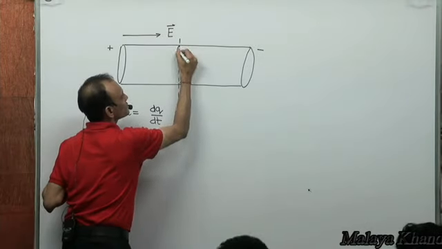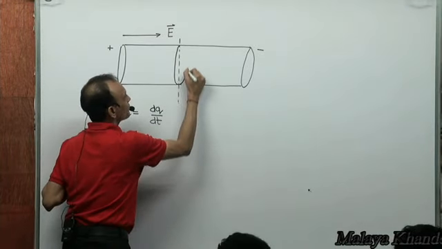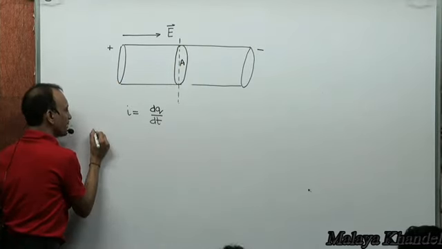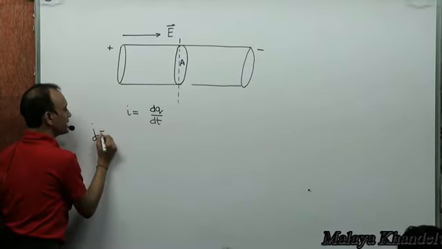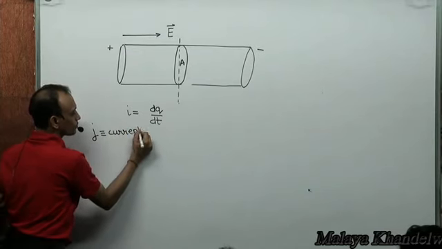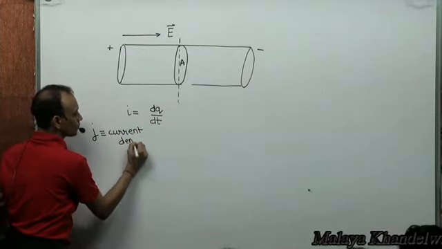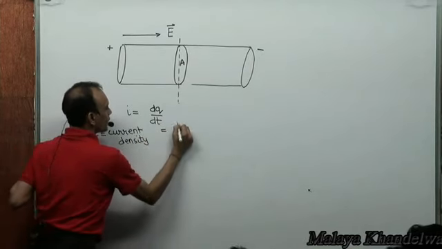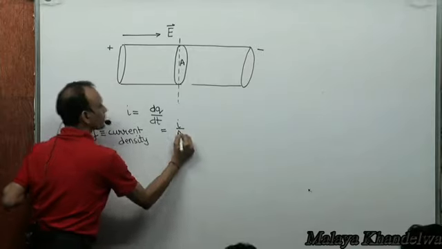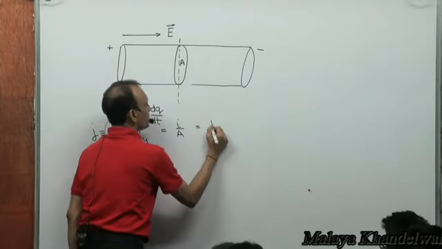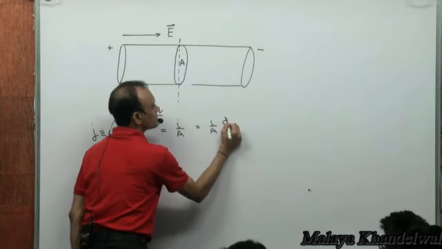If A was the area of cross section, then we defined J, which is current density, as I by A, which is like 1 by A, I written as dq dt.